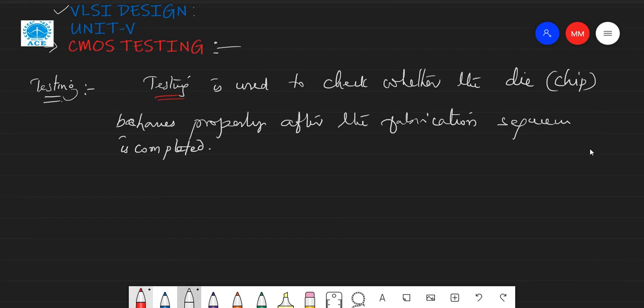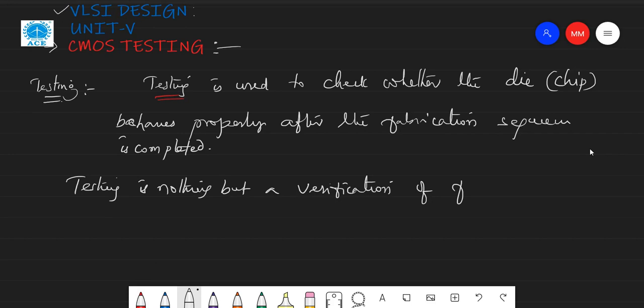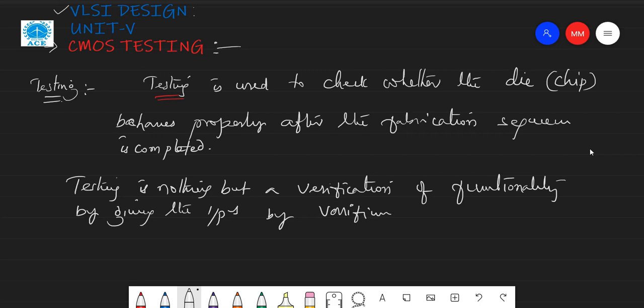In other words, testing is nothing but a verification of functionality by giving the inputs and verifying the outputs.